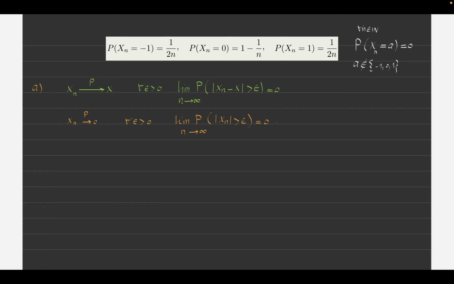Okay, so this is what I want to show. But because of the statement of the problem, immediately it becomes clear that I have to discuss two separate sets of values for epsilon. So let me do it case by case.